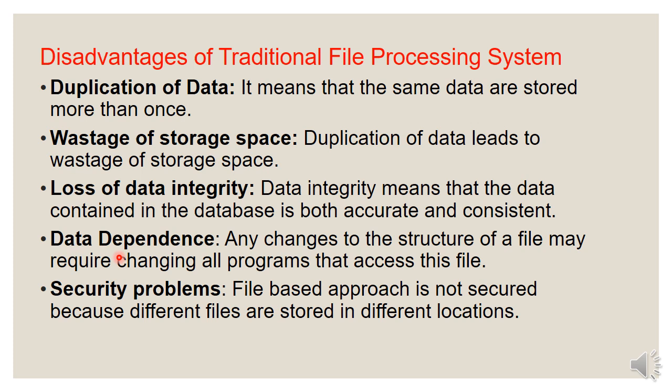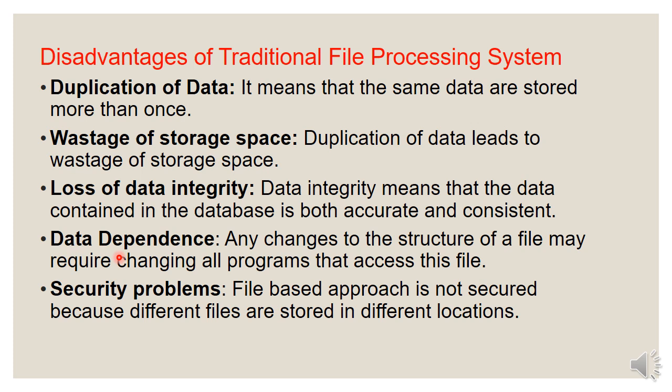So the traditional file processing system or database management system must be connected to the application used by the users to access data or information stored by using the aforementioned methods.